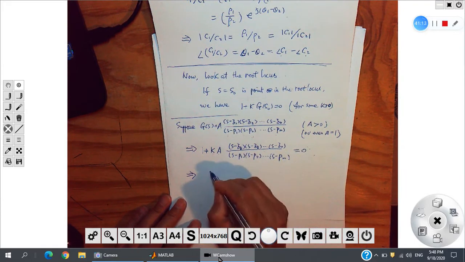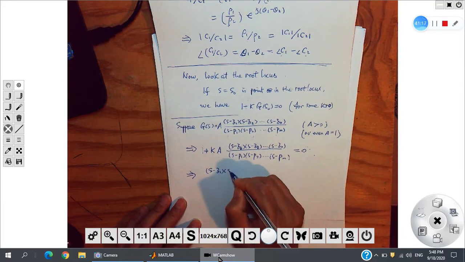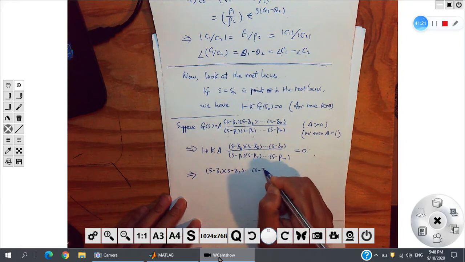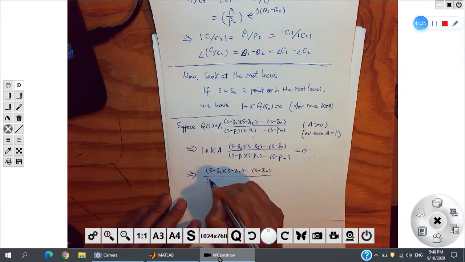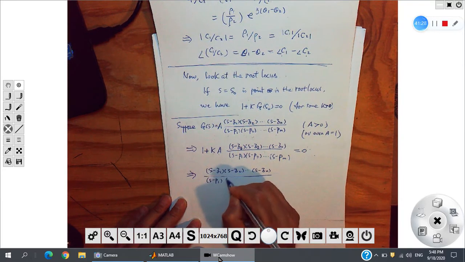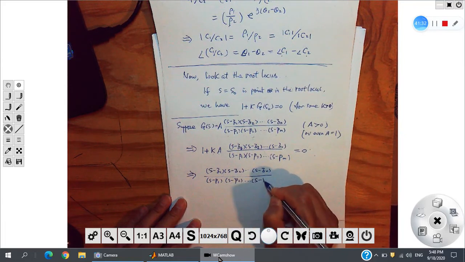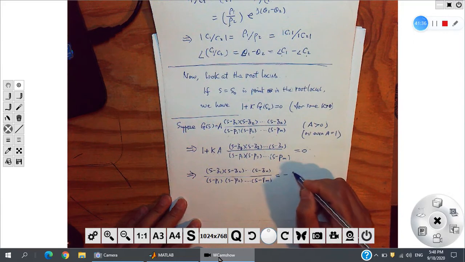So we have the product of s minus the zeros, over the product of s minus the poles, equal to negative 1 over Ka.